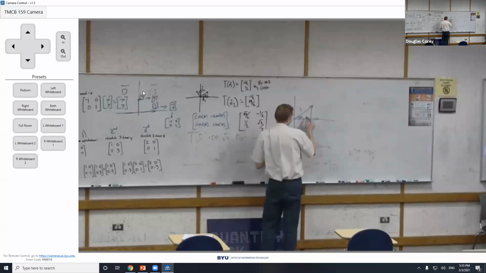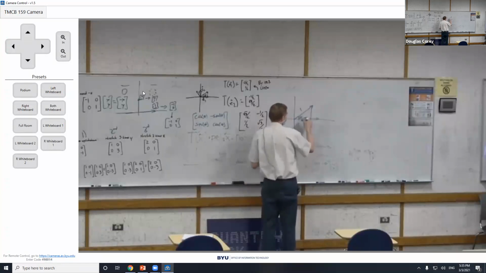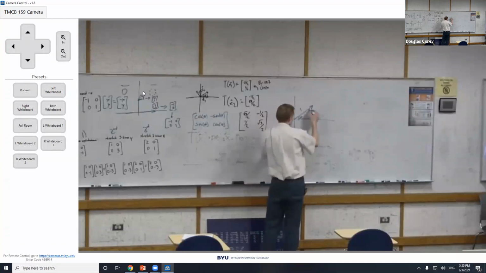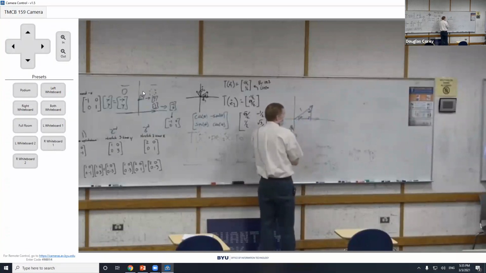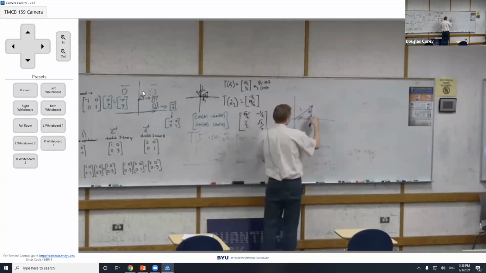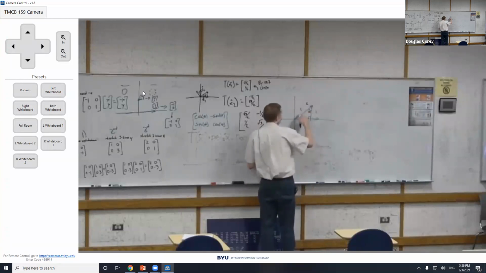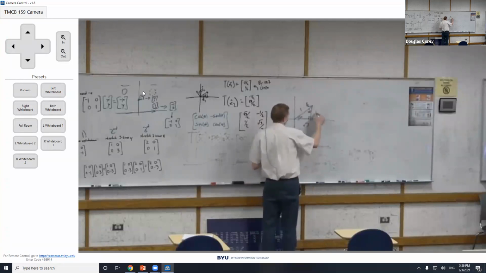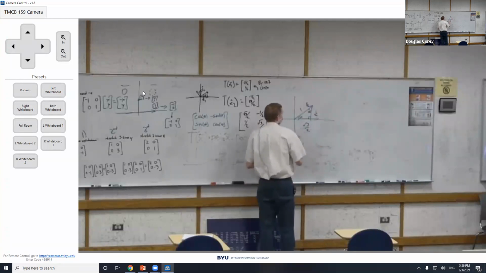I can use my trigonometry, or it's a 30, 60, 90 triangle. So you can use the ratio of the sides. The ratio of the sides is 1, 2, and the square root of 3. But this side is actually 1, so I have to divide everything by 2. So 1, 1/2, square root of 3 over 2.